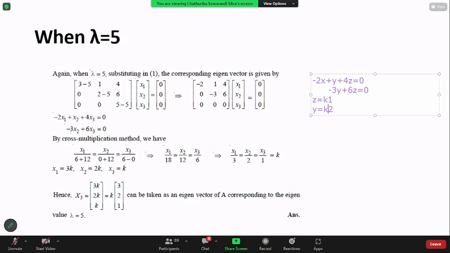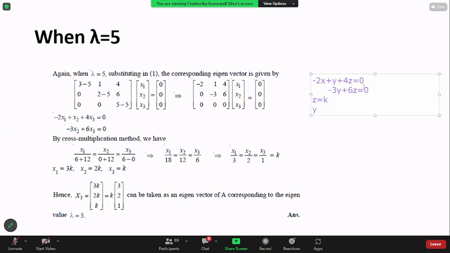Or else, right? So the easiest thing is, since we have two equations, we can go for one assumption. Let's say Z equal K. Since we have two equations. K. Right? If Z is equal K, what is Y?